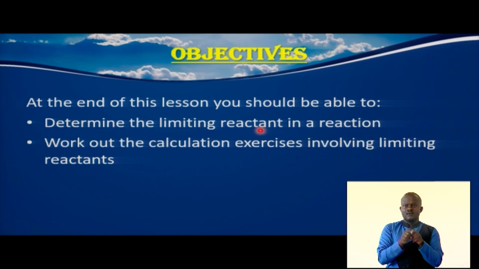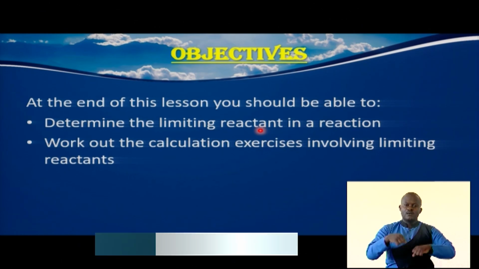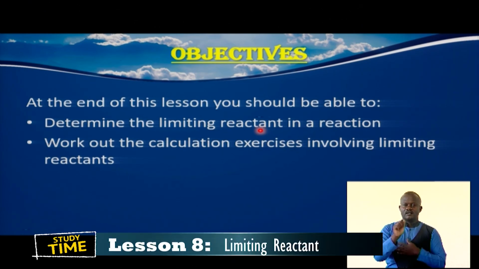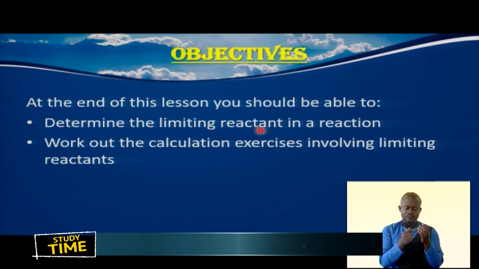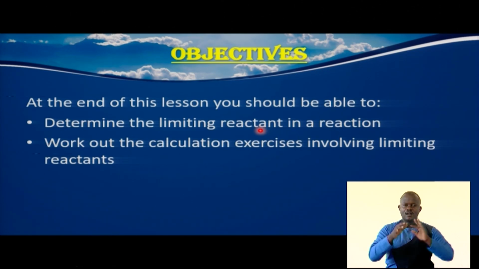So when we have 1 reactant, we can't say that there is a limiting reactant. But when we have more than 1, it's possible to have what we call a limiting reactant in a reaction. So when you have that type of reaction, you should be able to determine which of the reactants is the limiting reactant. So of course, you should also be able to define what a limiting reactant is.